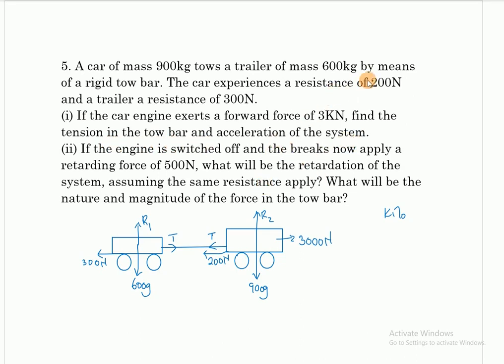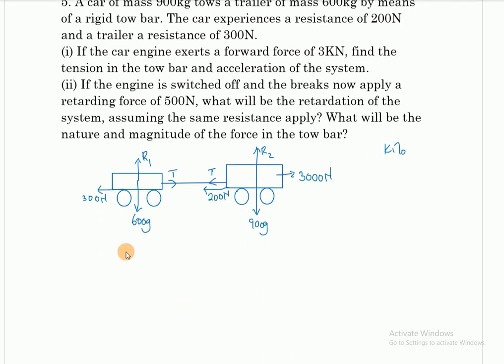We have some resistance forces. The car has a resistance of 200. It is reflected there. While the trailer has a resistance of 300 newtons. It is also reflected there. So we are going to look at the motion of each of those components. Look at motion of the car. Start with the car.